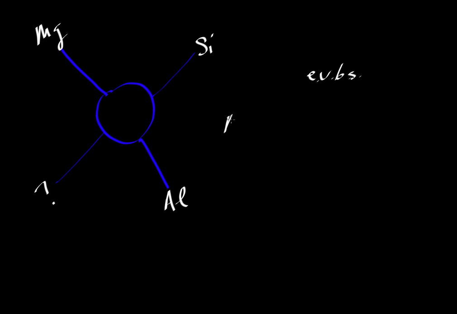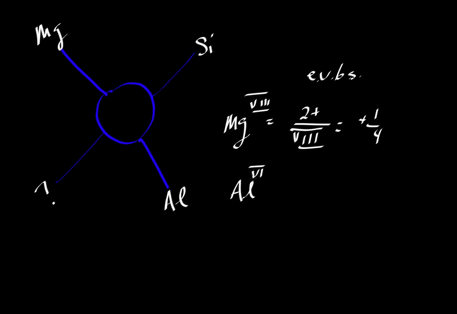So let's take a look at magnesium. Magnesium being in 8-fold coordination and with a 2 plus charge, it's going to take that 2 plus charge and divide it amongst all 8 of those bonds. And that means for each bond, it's only going to have a quarter charge that it can donate. So for aluminum, same idea. It's in 6-fold coordination, but it has a 3 plus charge.